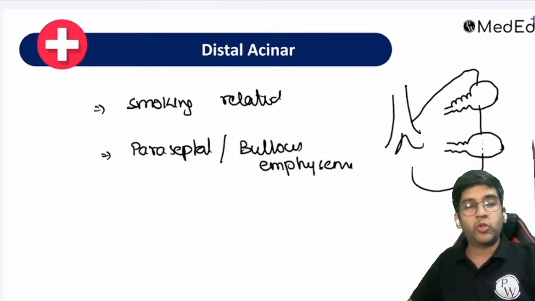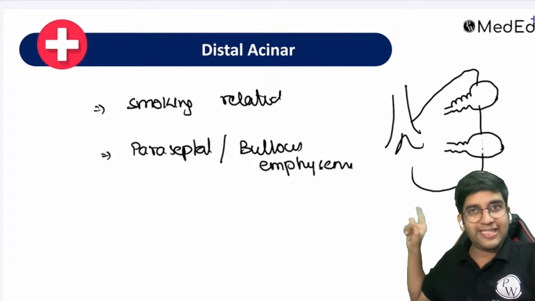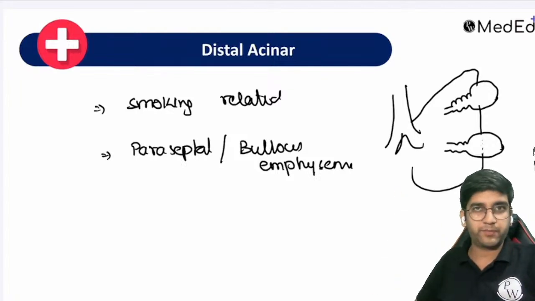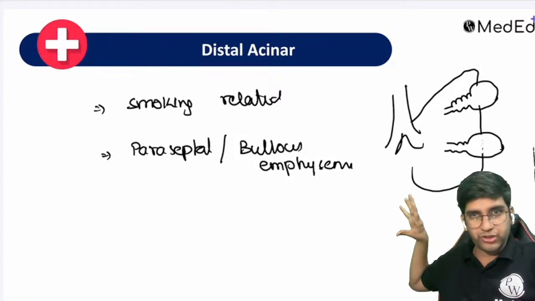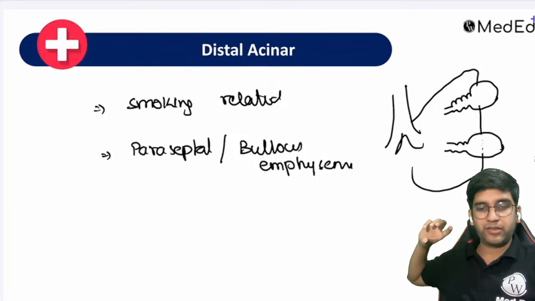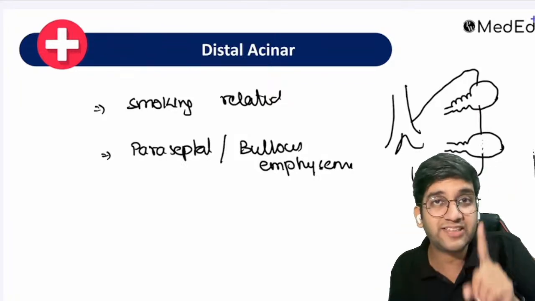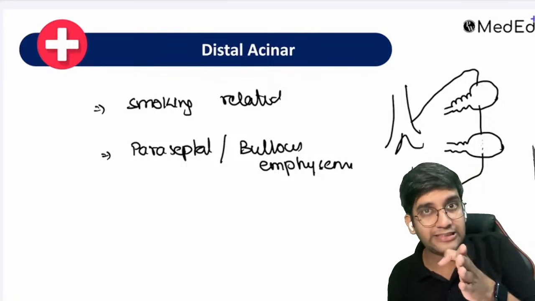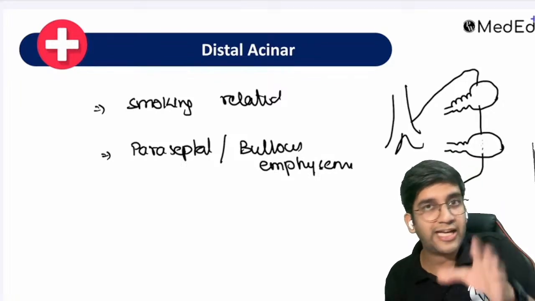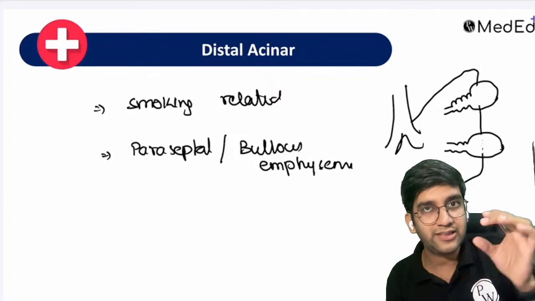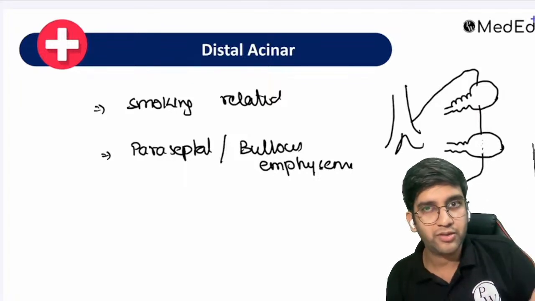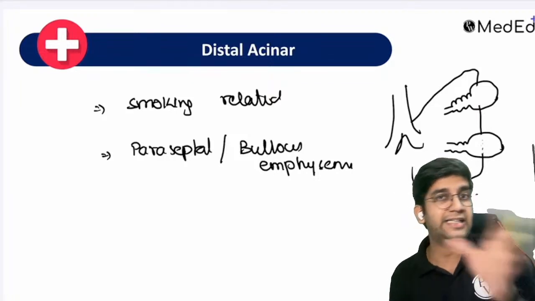Where do you think the air will go? Will it stay in the alveoli? It will go outside the alveoli. When I say the bulla undergoes rupture, the lung is there. Outside the lung, I have pleura, right? That part ruptures. That's all. When a bulla ruptures, the entire thing doesn't rupture.